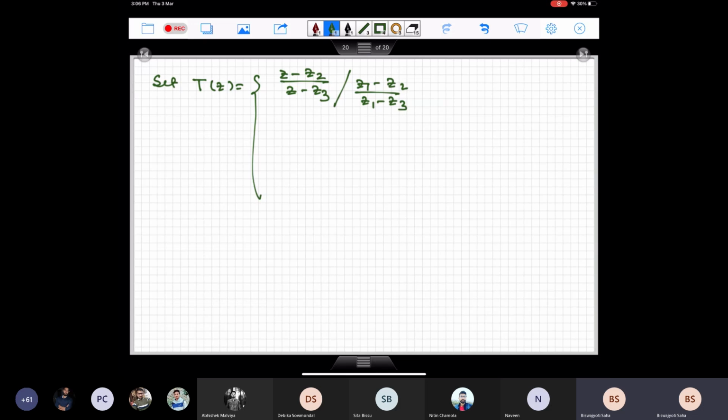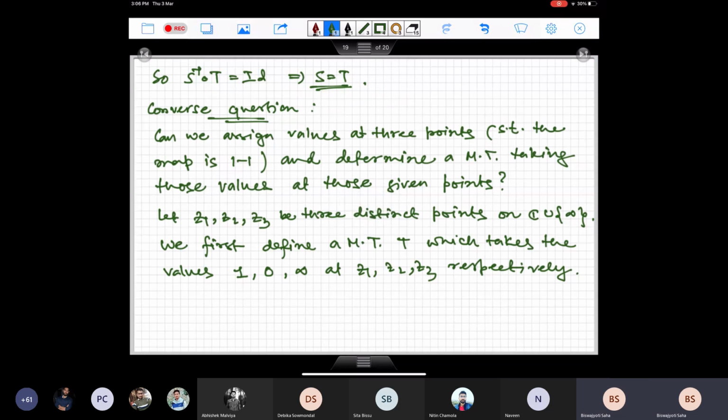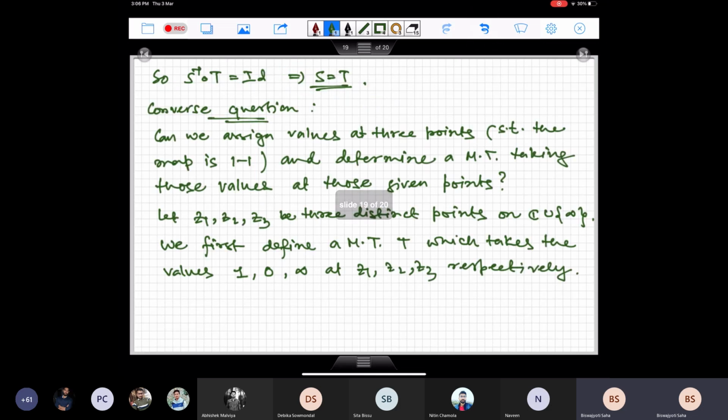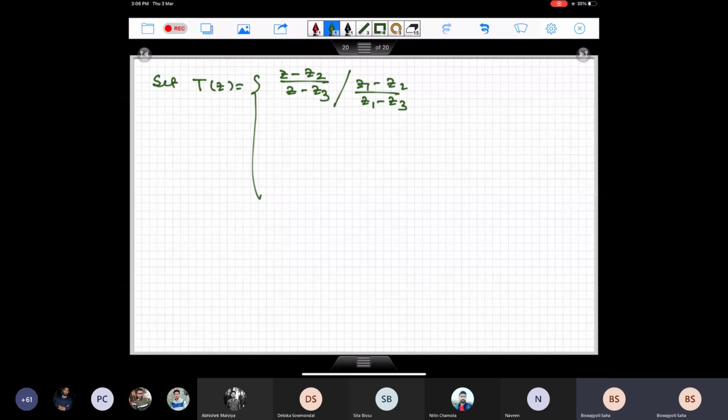I'll tell you why. First of all, I need at Z2 my function should vanish. So naturally I should have Z minus Z2 somehow. Then similarly at Z3 I should have infinity. So that means at Z3 my denominator should vanish. So I put Z minus Z3. So naturally I get these two.